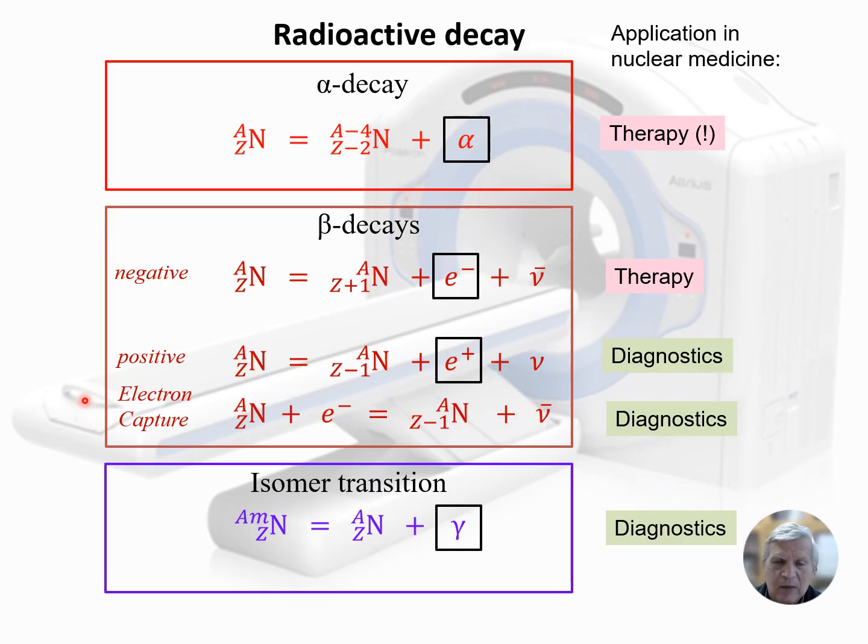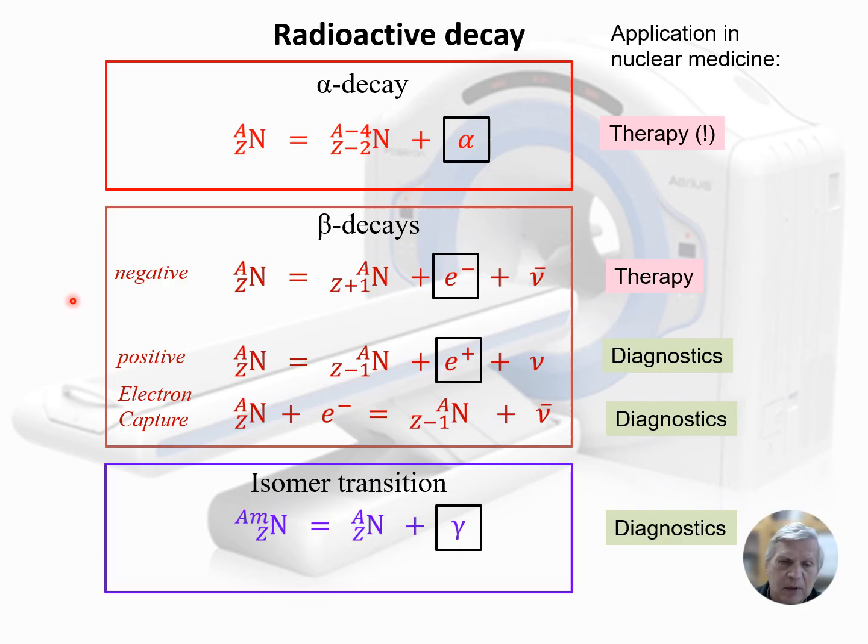The second type of decay, which is actually the most abundant type of radioactive decay, is the beta decay. Because this can be found at any atomic number or mass number. As you remember, there is a second parameter of the nuclear stability: the proton to neutron ratio should be optimal.